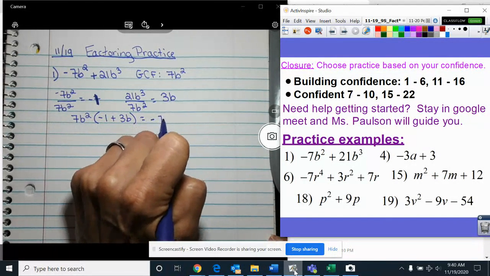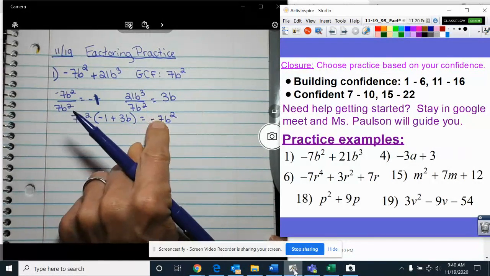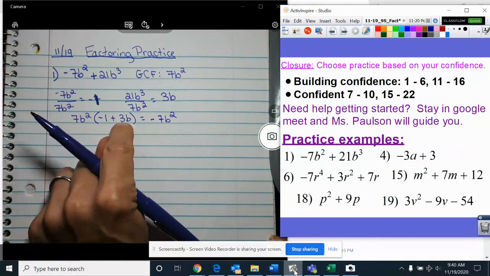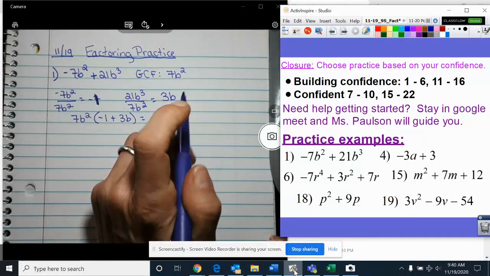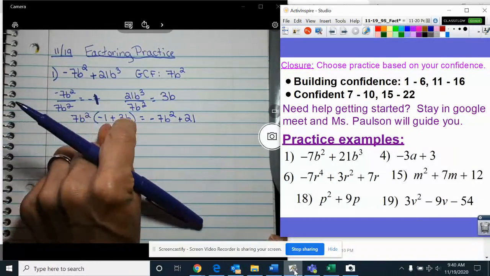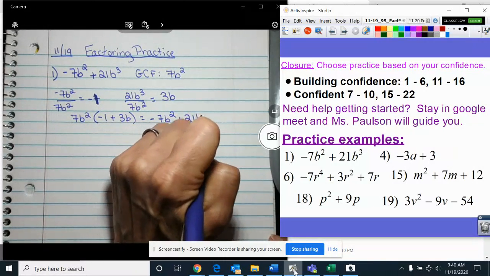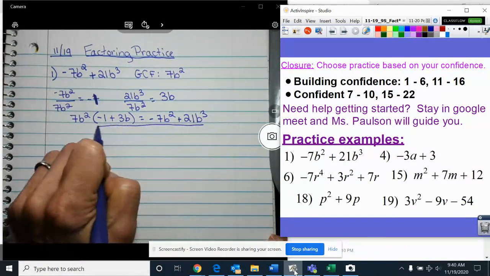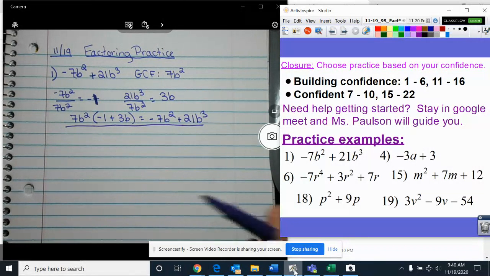That is negative 7b squared. And a 7 times a 3, that's a 21. And then b squared times b is b cubed. And that completes our problem.